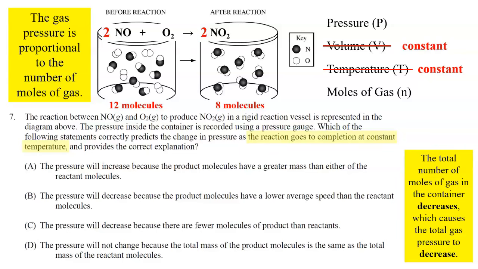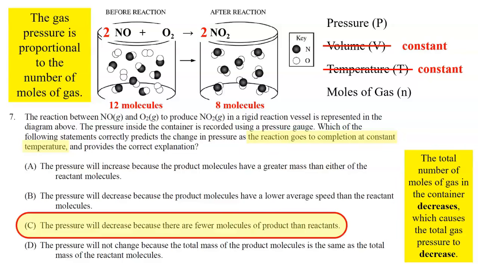As far as the four choices, A, B, C, and D, choices B and C talk about the pressure decreasing, but it's not about the average speed of the reactant particles in choice B. It is simply that there are fewer moles or fewer molecules of product in that container than there were reactants at the beginning. So the number of moles decreases, which causes the total gas pressure to decrease as well. The correct answer to question 7 is choice C.